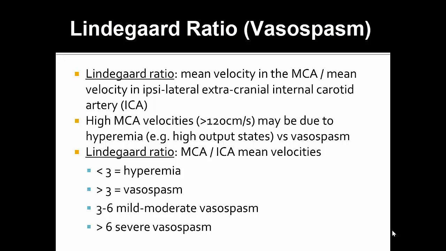This is where the Lindegaard ratio is quite important to help diagnose vasospasm. The Lindegaard ratio is the mean velocity of the MCA indexed or divided by the mean velocity in the ipsilateral extracranial internal carotid artery. Basically, we're trying to figure out whether or not the mean velocities in the intracranial vessels are vasospastic compared to vessels that are outside the cranium.